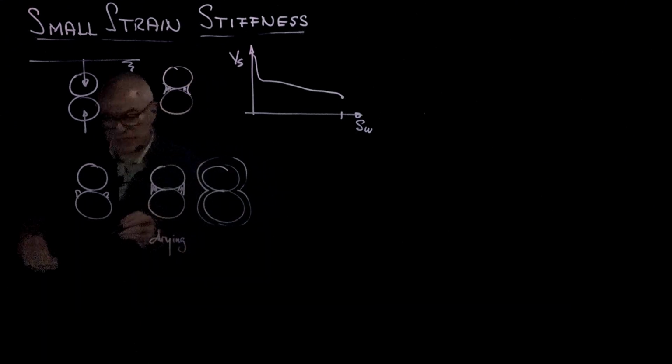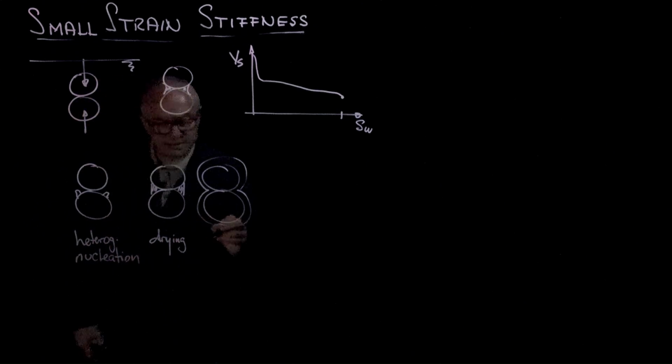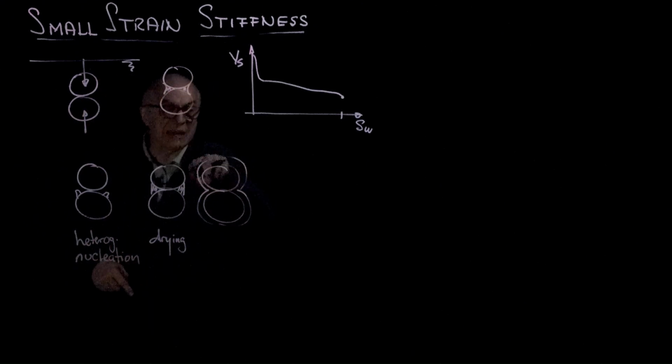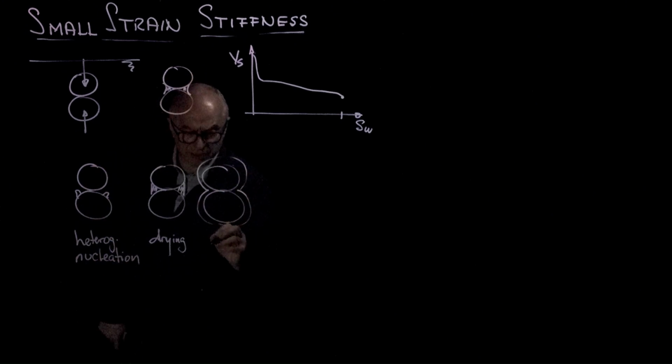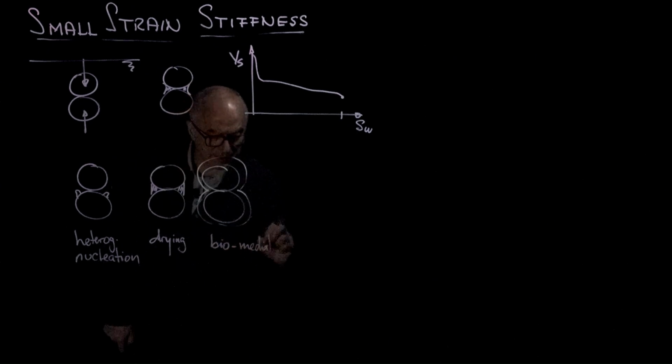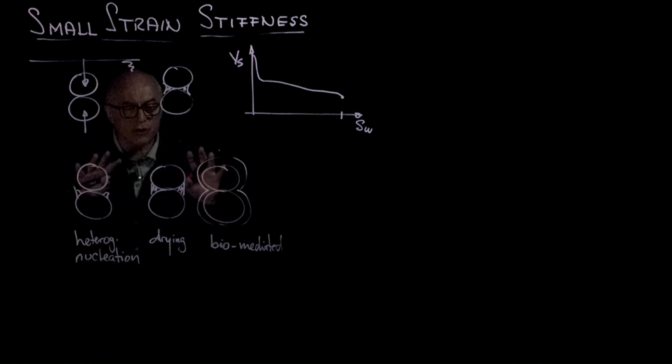This is just heterogeneous nucleation. And this is, for example, if there was a biofilm all around the particles, it will tend to coat the particles, let's say biomediated. Now, in all cases, we have to wonder what is the effect of these different habits of cementation on stiffness.